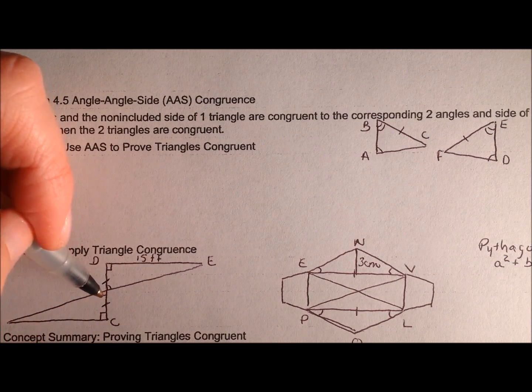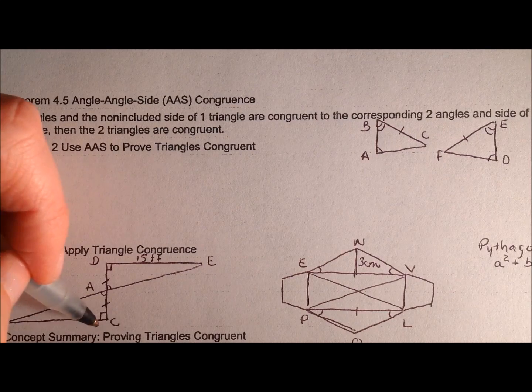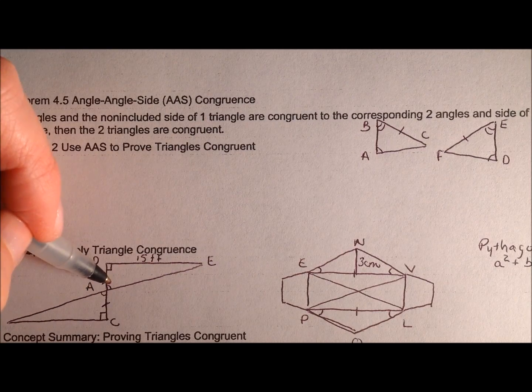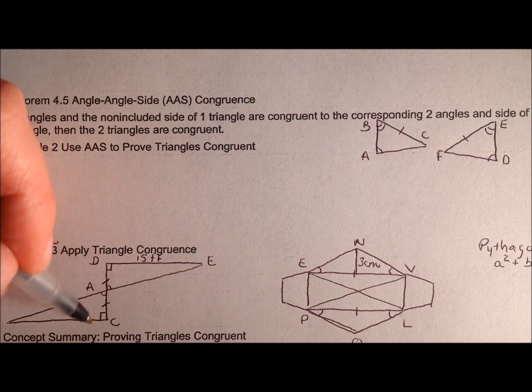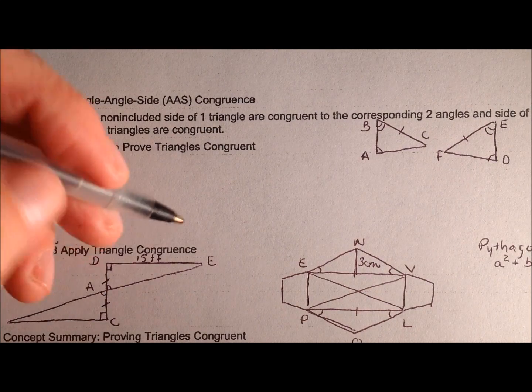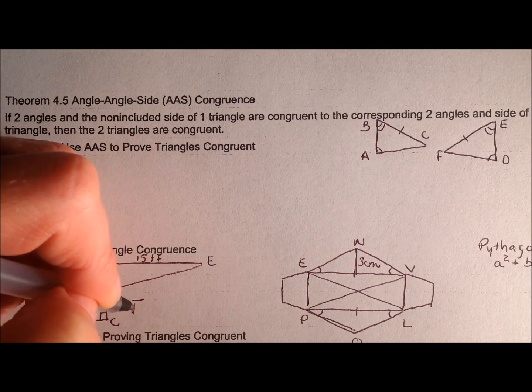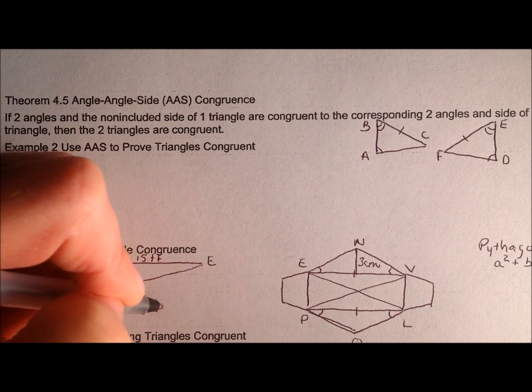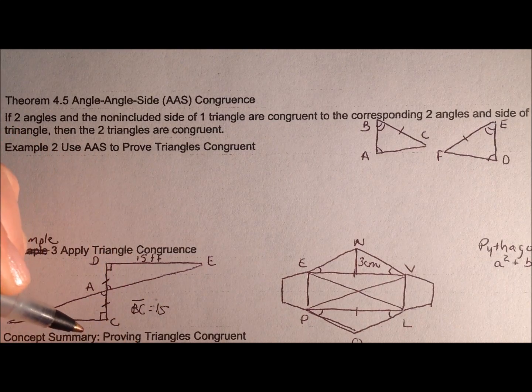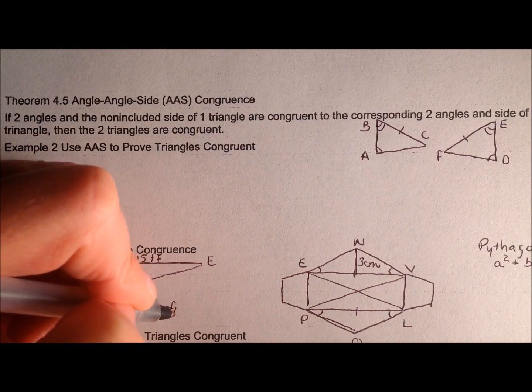So if we want to know what segment BC's length is, since we've just shown by ASA, or angle side angle, that these two triangles are congruent, we know that BC is equal to 15 feet.